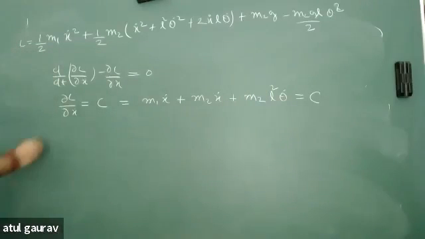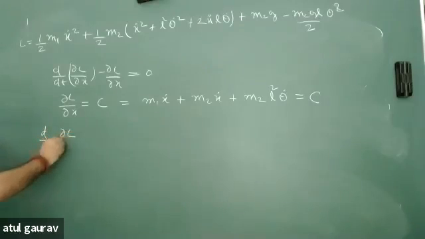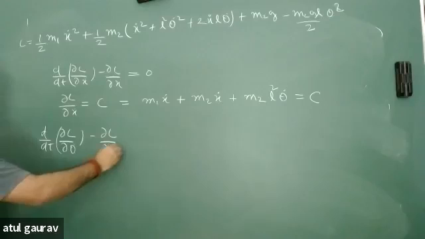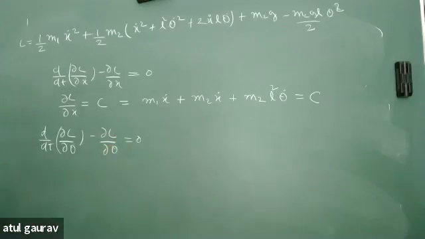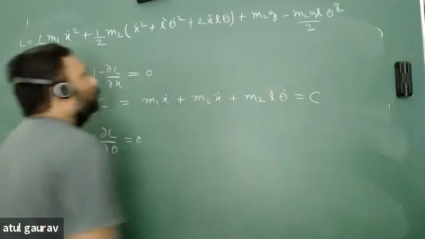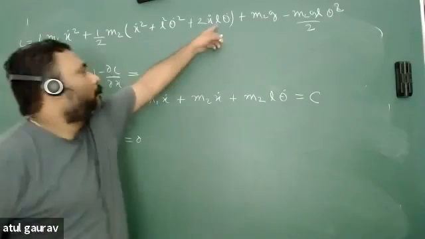Good. So let's go for d upon dt del L upon del theta dot minus del L upon del theta equal to 0. Here M2 L theta dot will come.